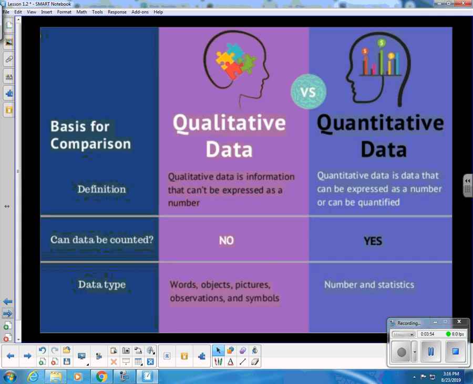So here's another slide that kind of gives you that also. So words, objects, pictures, observations, symbols, that's qualitative data. Numbers and statistics is quantitative data. Okay? The big thing is, can it be counted? So if you're looking at the numbers of license plates, the number itself is not a thing you count.